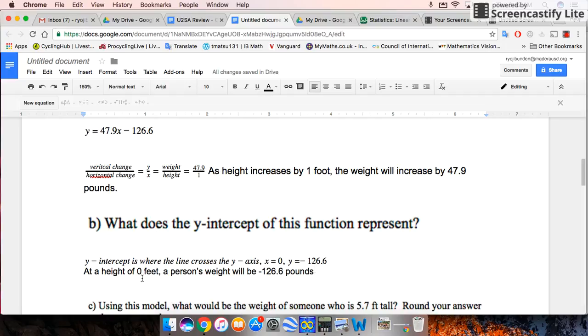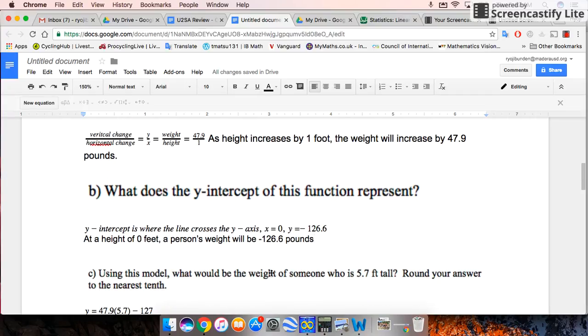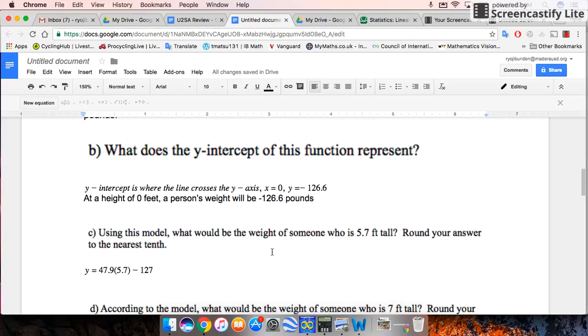And since we never have anybody that is at 0 feet, this situation is almost impossible. It is impossible because nobody's ever going to be negative 126.6 pounds, right? This is just following a prediction. It's not an accurate measurement.